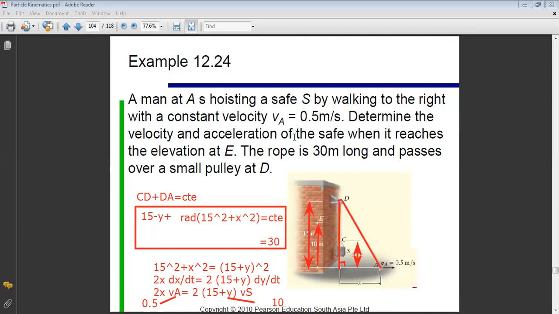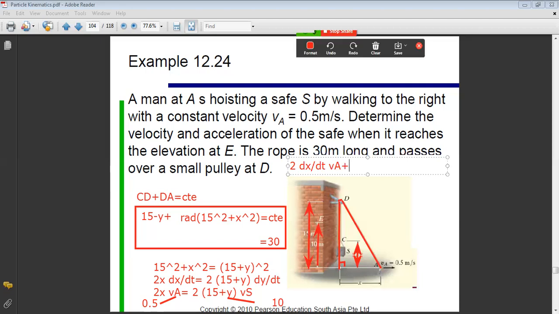When you derive the product of two functions, it's u prime v plus v prime u. So you have 2 times dx by dt times VA, the derivative of the first term, plus 2 times x times the derivative of VA with respect to time.